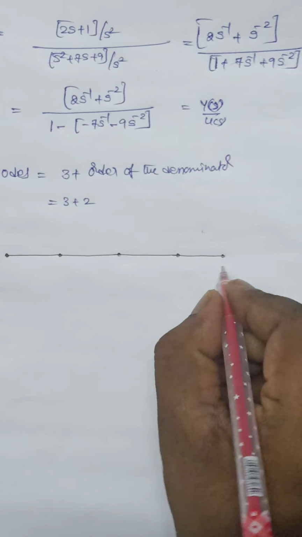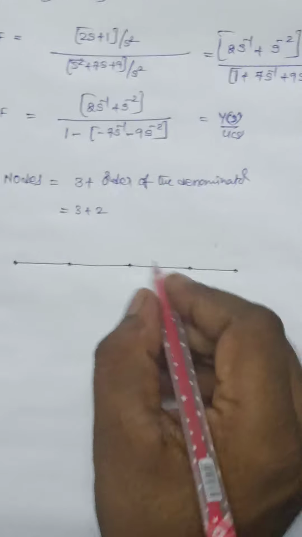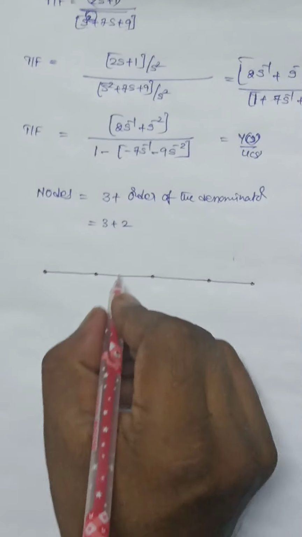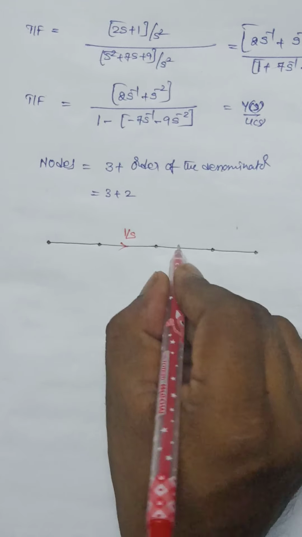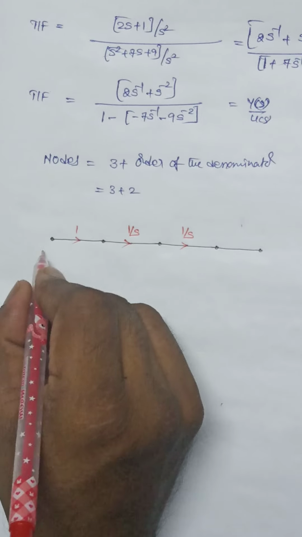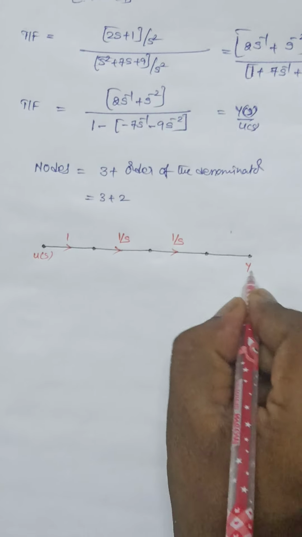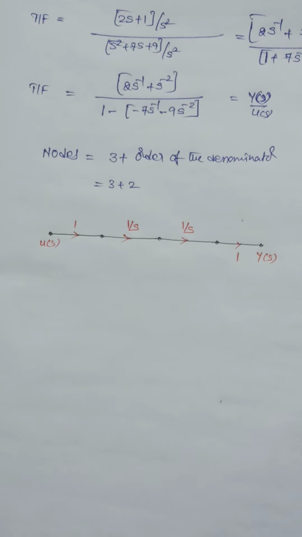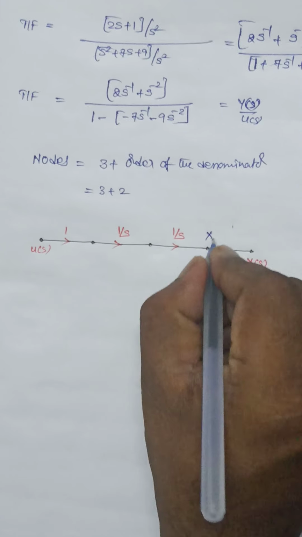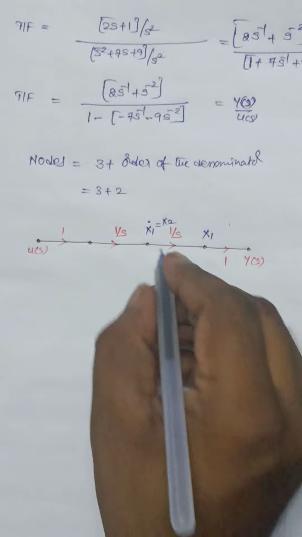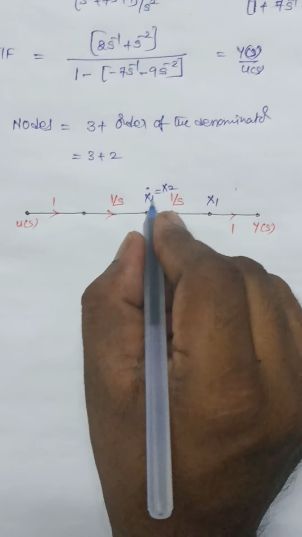Let us assume here it is 1 by s, and here it is 1 by s, and it is 1, it is U of s, and it is Y of s. It is also 1 here, and here let us take this one as x1, and x1 dot is equal to x2. Why is it x1 dot?